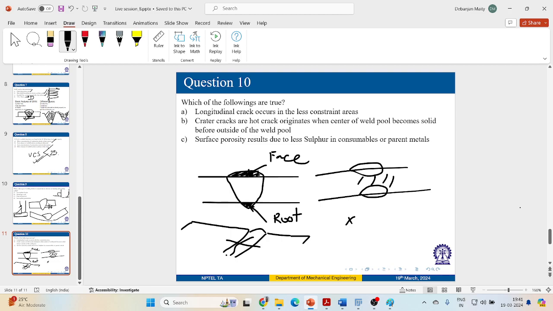There is also something called root crack. Root crack is similar to a throat crack. So you have to keep these things in mind. There are a lot of cracks which we have gone through in this video lecture. So let us finish this off.